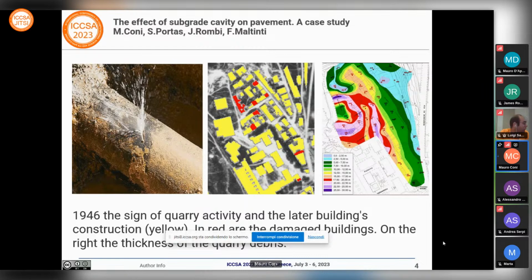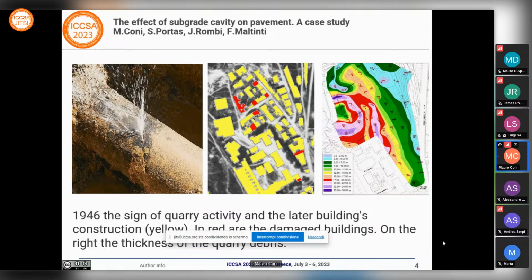In this picture, you can see the historical aerial view of the city where the collapse occurred, where the marble quarry activity was covered by buildings over time.